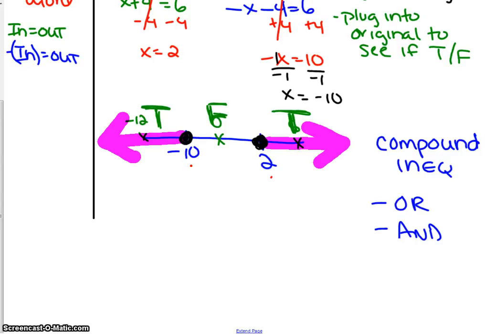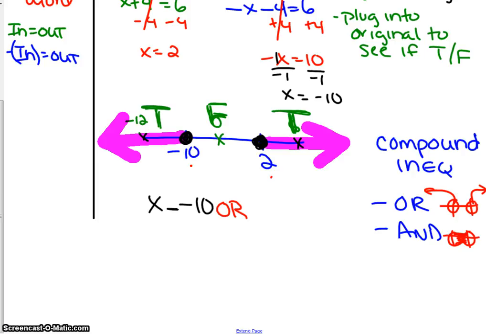So we kind of looked at this in that inequality section. I know it's an OR now because, again, ORs in general go to the outsides. Ands in general are the stuff in between. So I'm thinking it's an OR. And so what I want to do is write an inequality for each of these. So I want to write an inequality where I'm comparing x to negative 10.